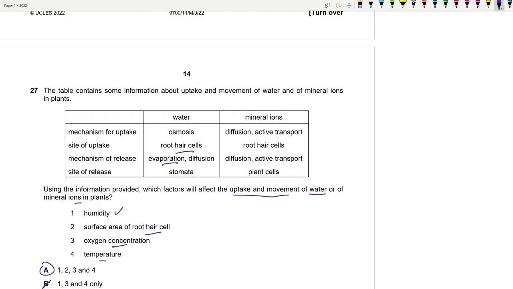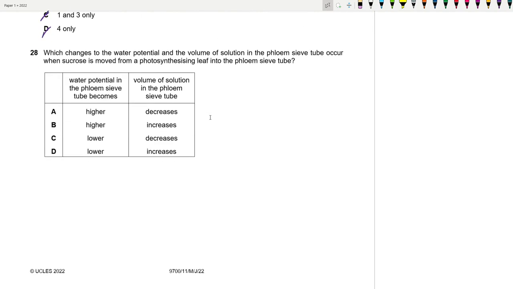Okay, let's think about decrease. If there's a decrease in O2 concentration, respiration will also decrease, right? And it does affect photosynthesis in another way, which does affect the uptake of water and mineral ions. So 3 is also correct, okay? But yeah, you could get to this answer through elimination.